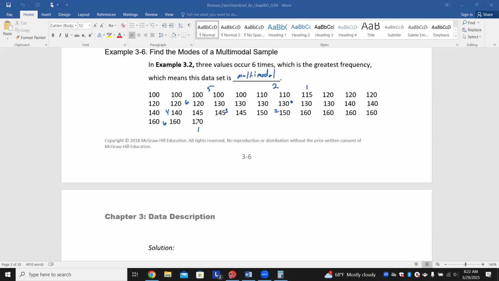So you can see I have 3 numbers, 120, 130, and 160, that occurred the greatest amount of times. And if you have more than 2, it is multimodal.